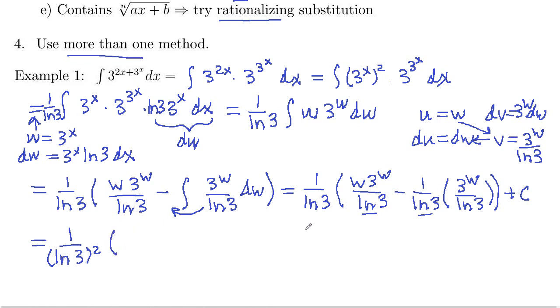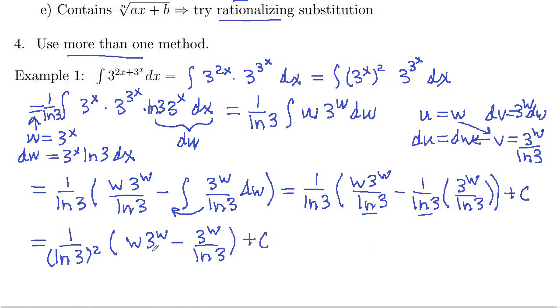And then what's left will be the w 3 to the w, and then minus this, 1 over ln 3 is factored out, 3 to the w over ln 3. And plus constant.